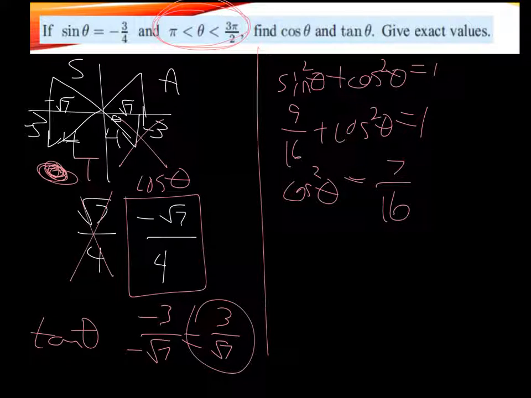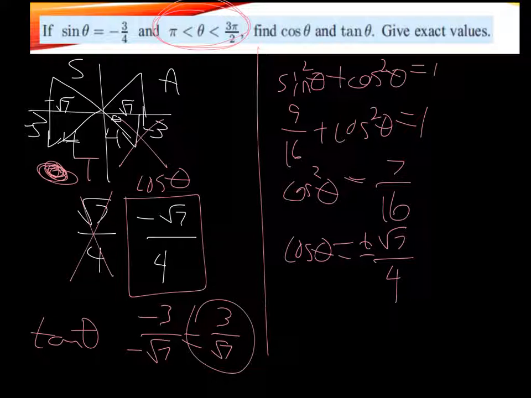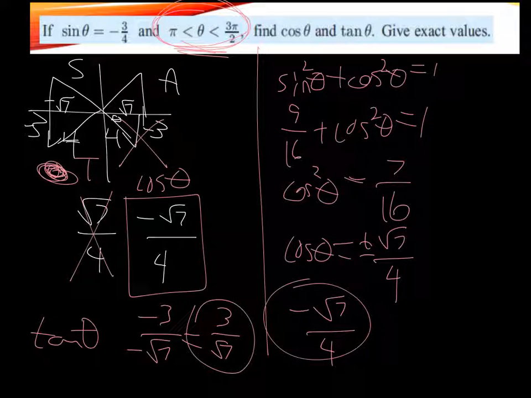And the problem is we can get cosine equals root 7 over 4, plus or minus. And then we have to figure out which one it is. And that becomes a more difficult problem without a calculator to determine that we don't want the positive. The way to remember it is still with CAST, to know that cosine should be negative because we're in tangent's area, so that's why we're only going to keep negative root 7 over 4.